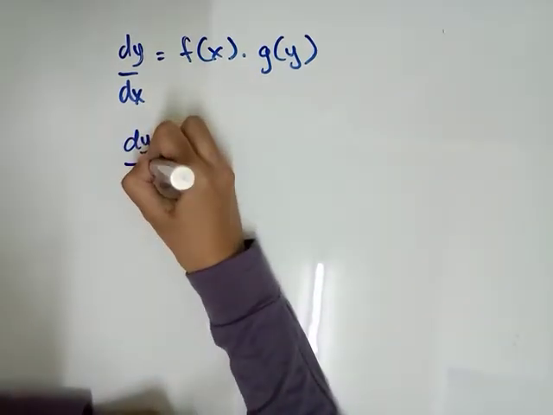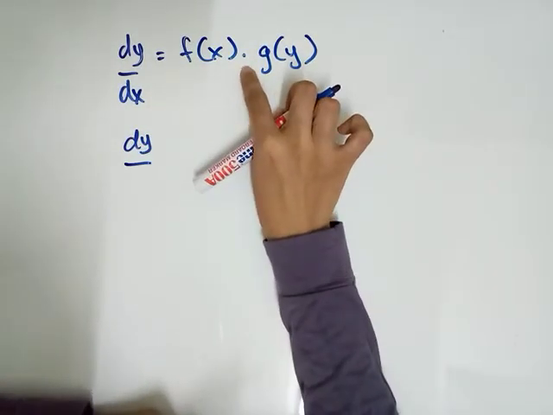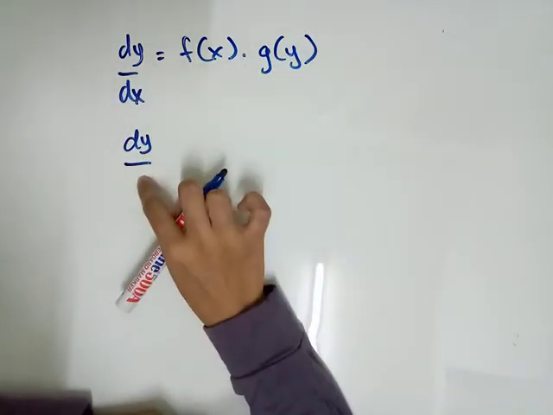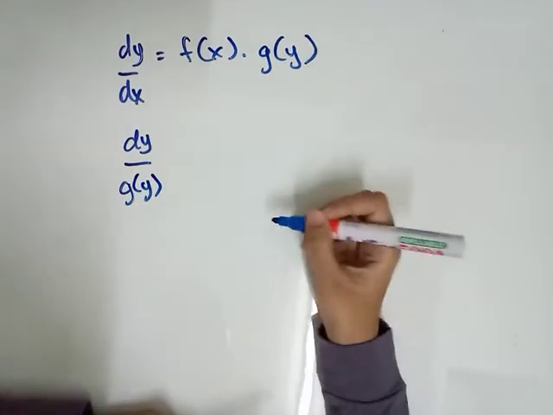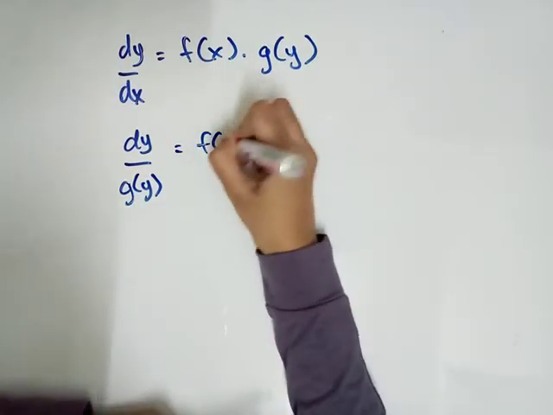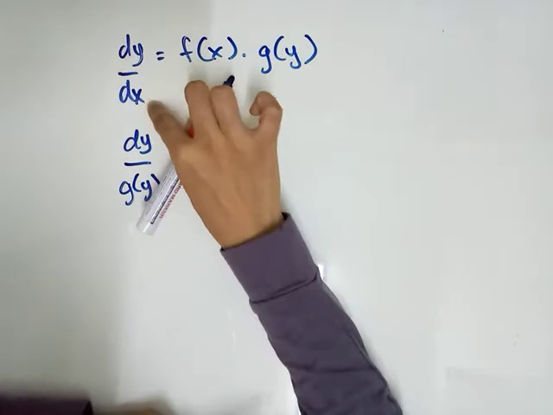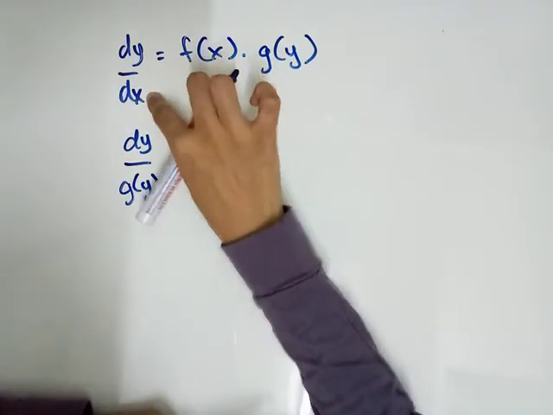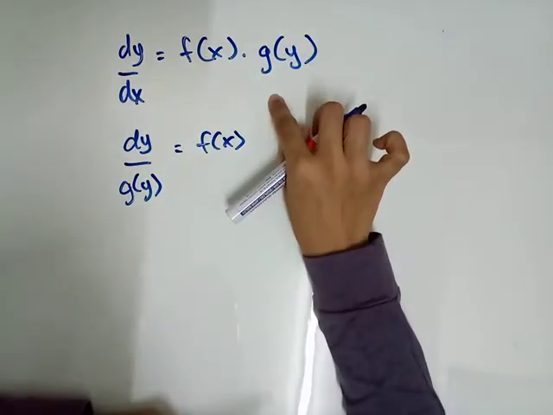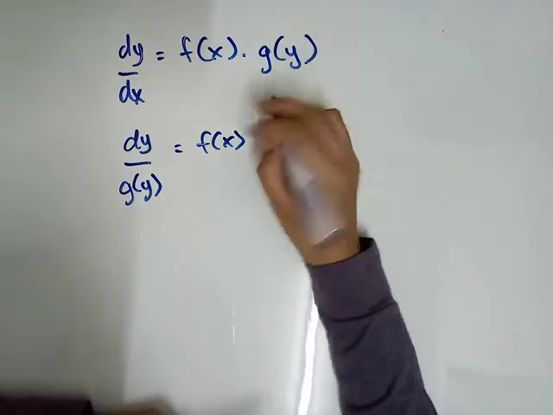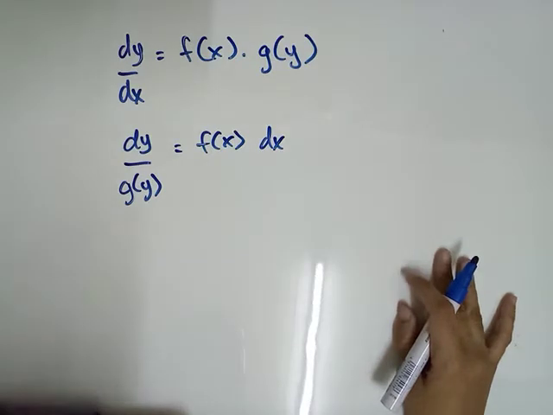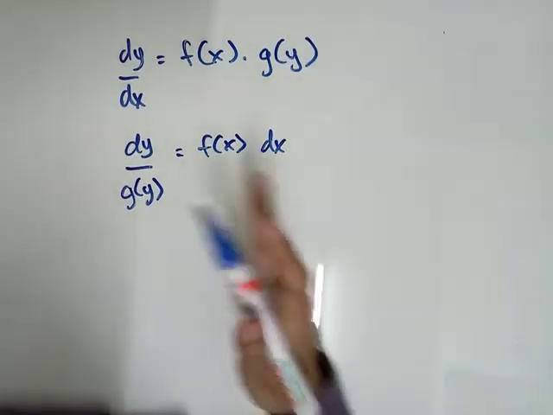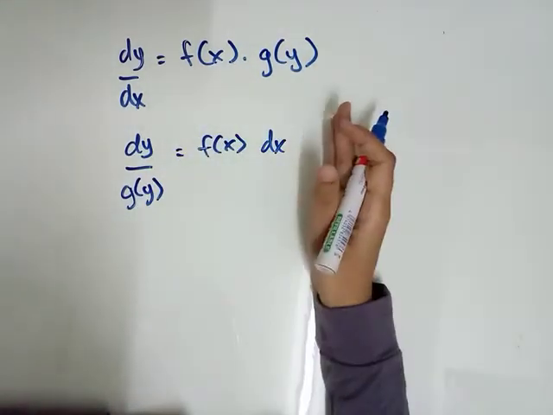It will become dy over g(y). It is multiply, move to the left, it will become divide g(y) equals f(x). Dx ni is divide, move to the right, it will become multiply dx. You faham nah? Satukan in terms of y dengan in terms of x.